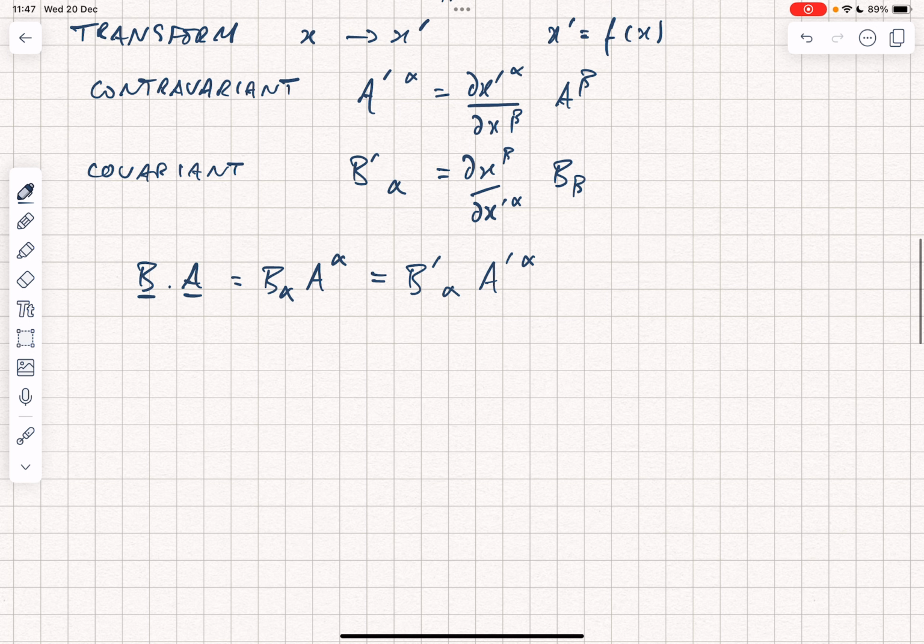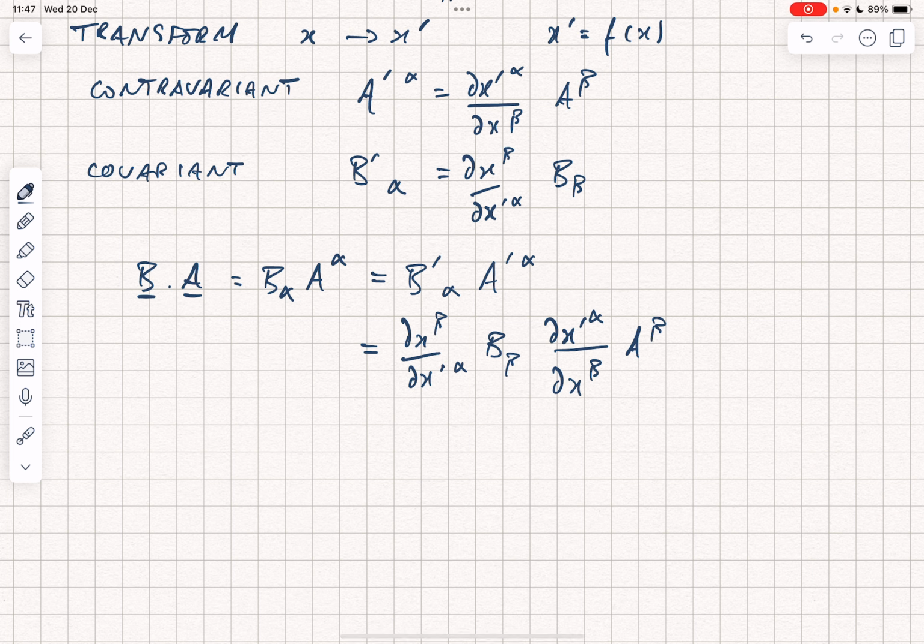Now let's substitute in. So b primed alpha is dx superscript beta by dx primed superscript alpha b subscript beta, and then a primed superscript alpha is dx primed superscript alpha by dx superscript beta a superscript beta. Actually, let me change the betas here into gammas because I want them to be different variables because they're different sums.